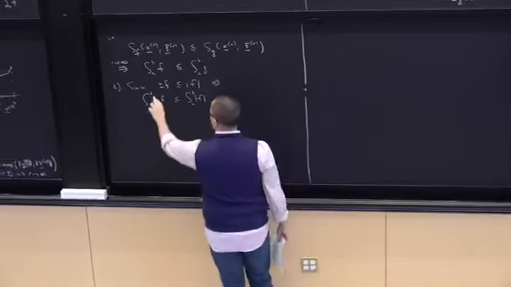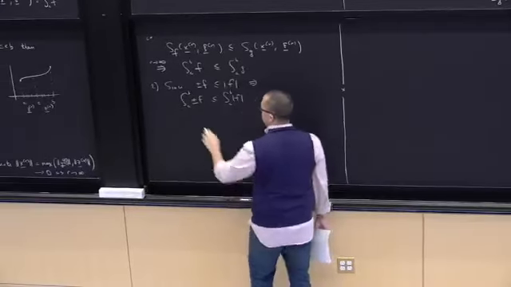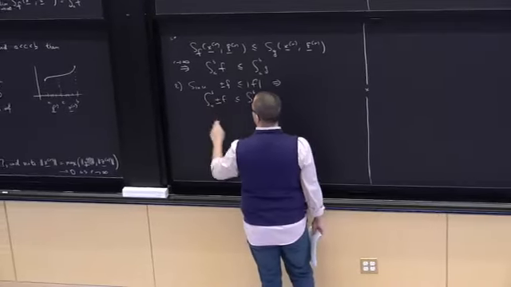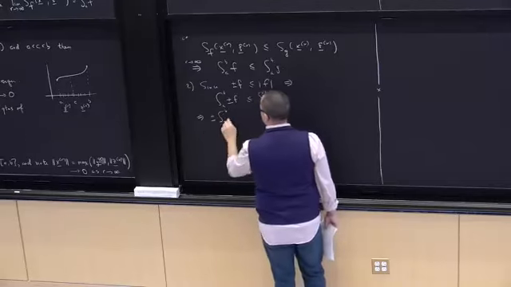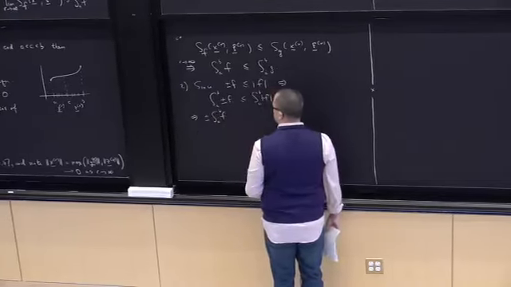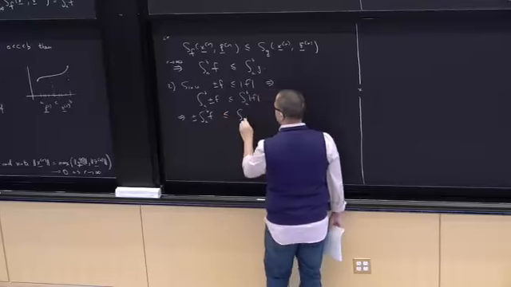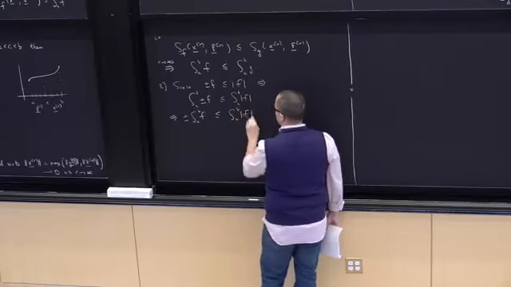Now, scalar multiplication we proved last time pulls out. So that means plus or minus the integral of f is less than or equal to the integral of the absolute value of f.